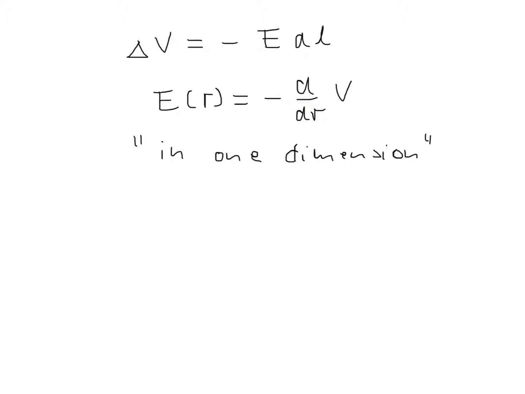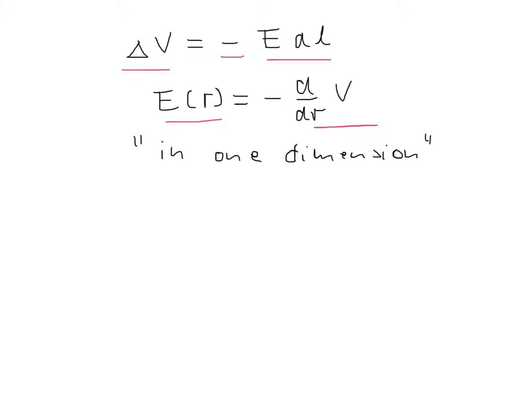So in one dimension we have potential change is equal to electric field times the path element and times minus 1, and looking at it the other way around, the electric field is equal to the negative differentiation of potential with respect to position.